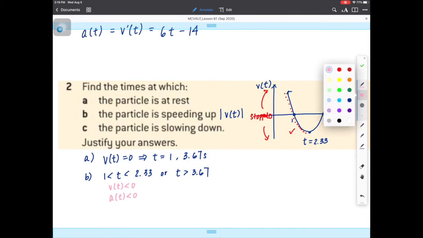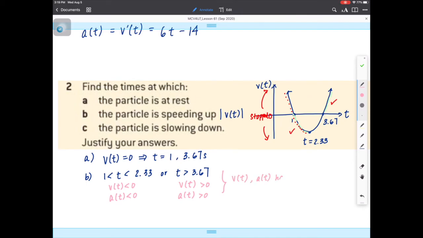If I draw tangents anywhere in this interval, these tangents have a negative slope, which is the same as the sign of the velocity. So that means we have speeding up. If I draw tangents along this section, the tangents are all positive gradients, which matches the sign of velocity. So we can say that here v of t and a of t have the same sign.